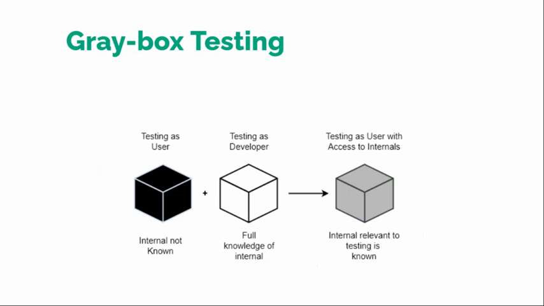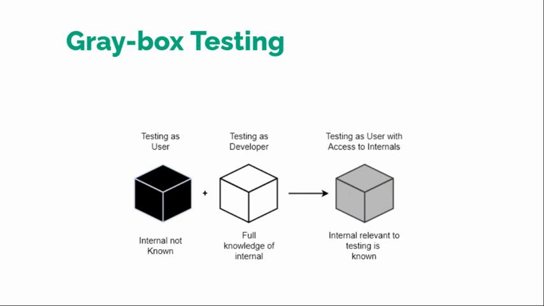In black box testing we test as a user where the internal structure is not known, and in white box testing we test as a developer with full knowledge of the internal structure. In gray box testing we are testing as a user with access to internal information that is relevant to testing.